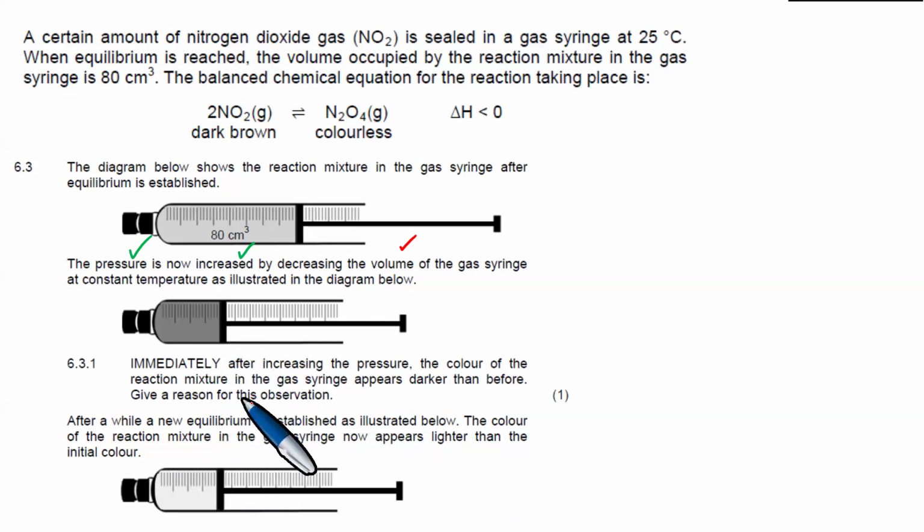Let's look at 6.3.1. Give a reason for this observation. Why is it that when somebody presses this plunger inside the syringe, suddenly the mixture appears darker than before? If the pressure is increased in 6.3.1, we make the first observation: the concentration of the gases increases.